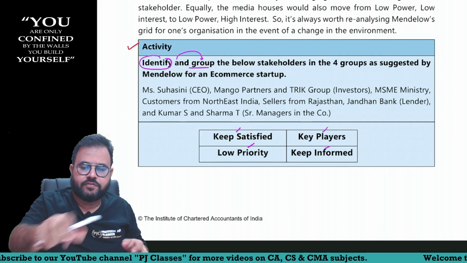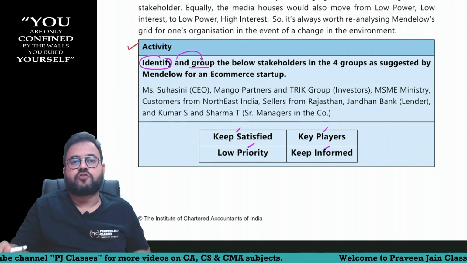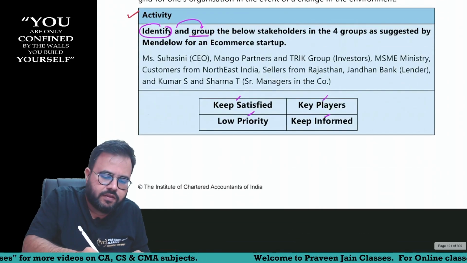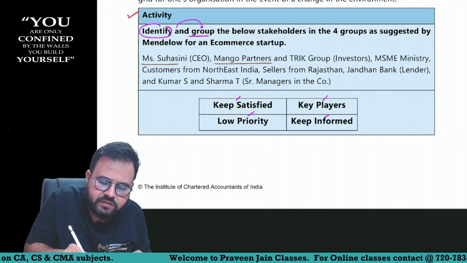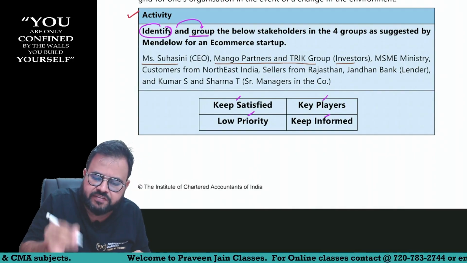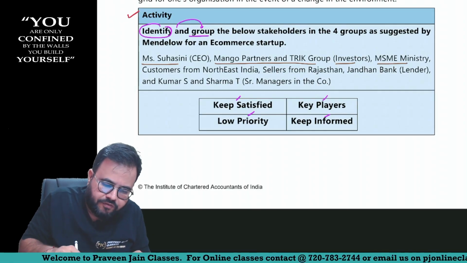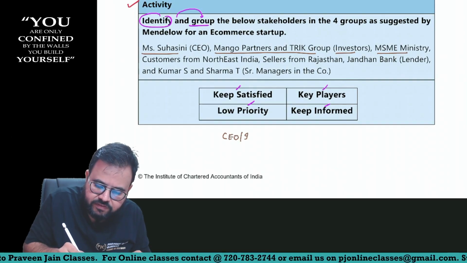Okay, I guess you might have completed that exercise, sir. Now tell me, what should be the answer? Waiting for your answer, sir. Now, the CEO, investors, MSME Ministry and so on. First, let's talk about the CEO and investors.